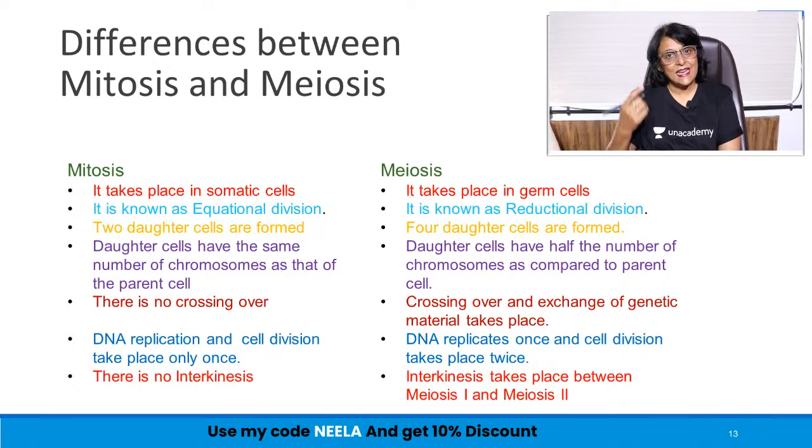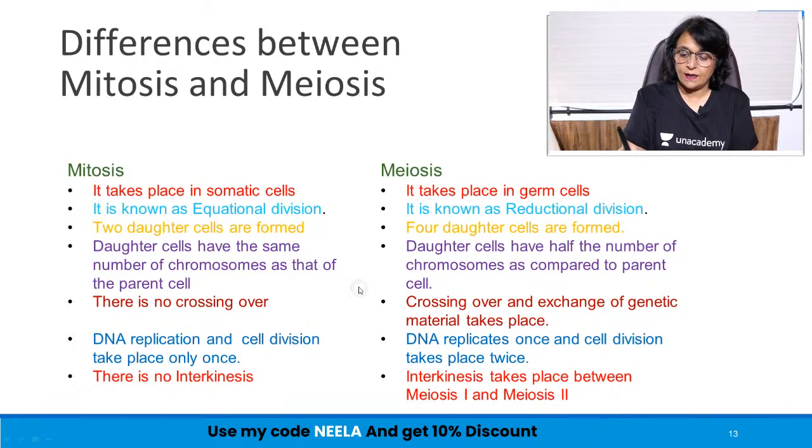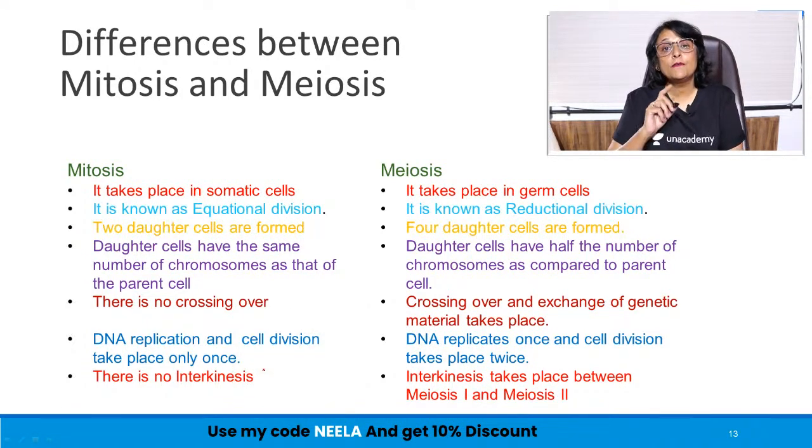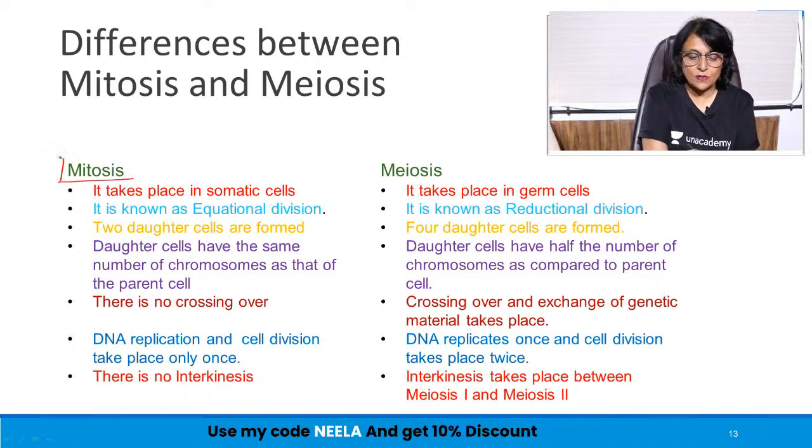Then we will take up a few doubts if you have, and then we will come to the quiz. And at the end, again, I'll tell you some important points which you have to remember whenever you're talking about this particular chapter. So let us briefly discuss the differences between mitosis and meiosis.